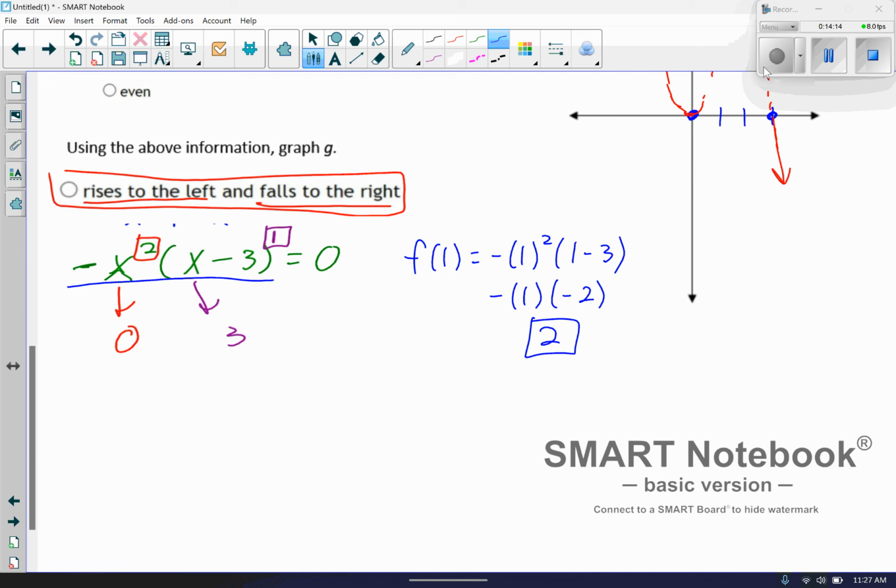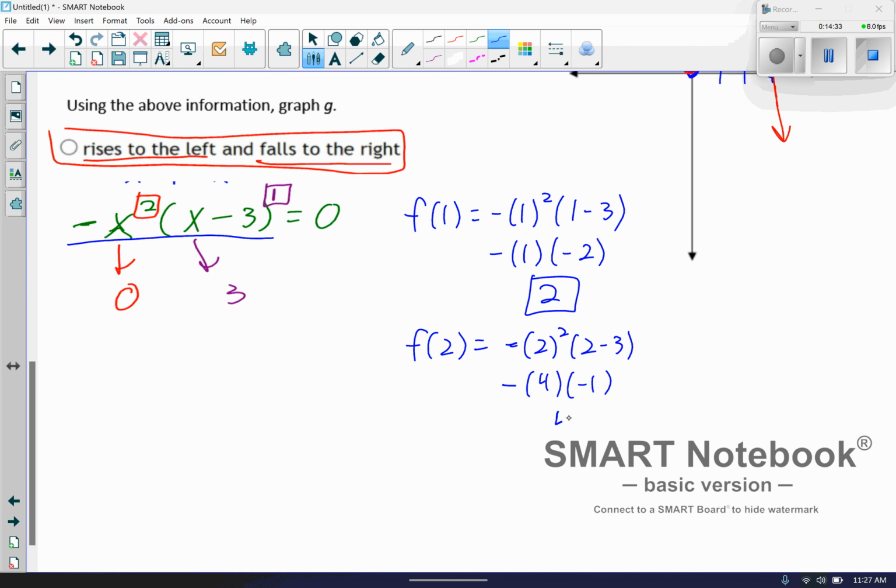So at f of 1, I'll be up 2 spots. Let's figure out what f of 2 is. That would be negative 2 squared times 2 minus 3. I'm going to get negative 4 times negative 1, and so I'm going to be at positive 4.